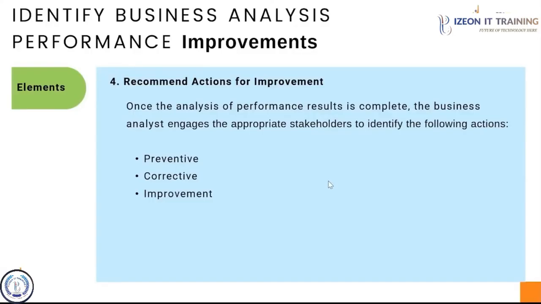Let's say you did all your assessment, and from your assessment, you came to know that there are some shortcomings or problems in the business analysis process. Corrective actions. You already identified there are three things going wrong. The first most important priority right now would be to fix those incorrect practices.